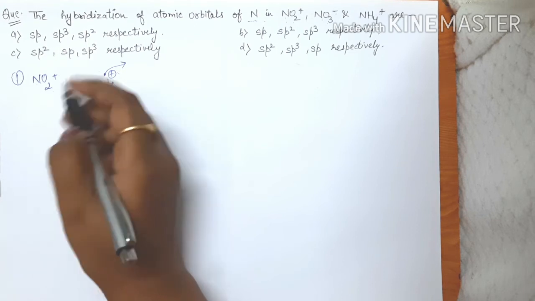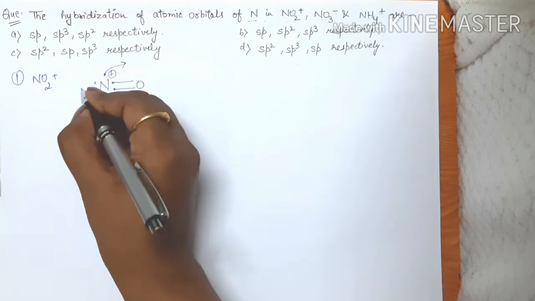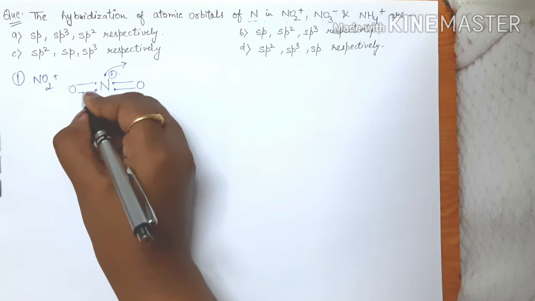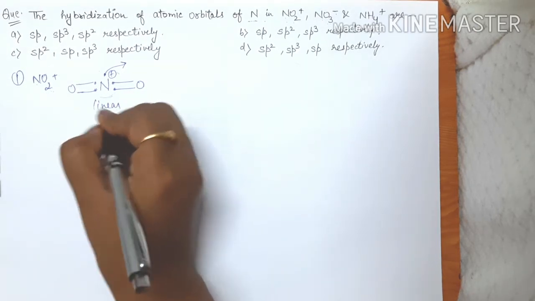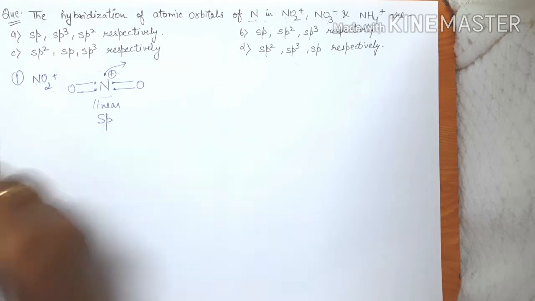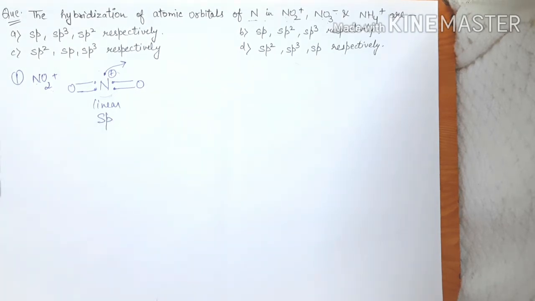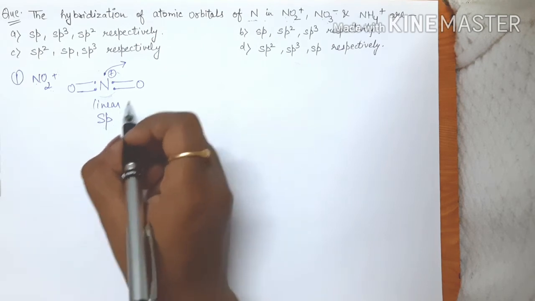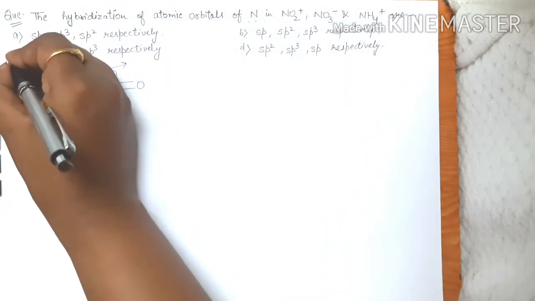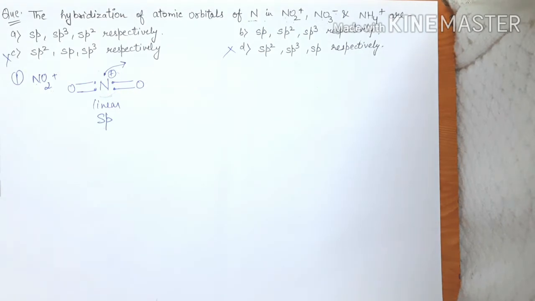Oxygen is bivalent, so it will be attached like this, right? So NO2 positive has a linear shape and the hybridization will be sp, right? So first molecule hybridization is sp, so options C and D will be cancelled out.